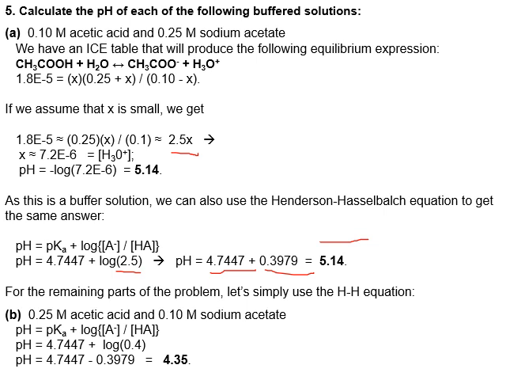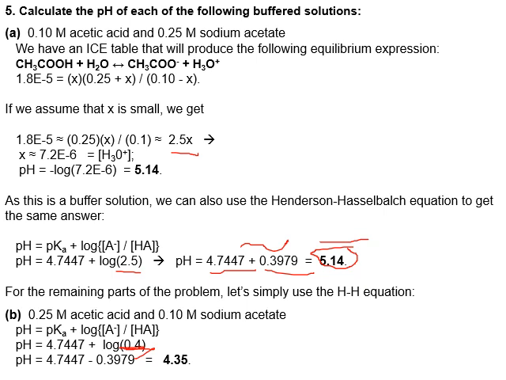So we just add these two things together here, and our answer is going to be 5.14. The log of this number is going to be negative because that number is less than 1.